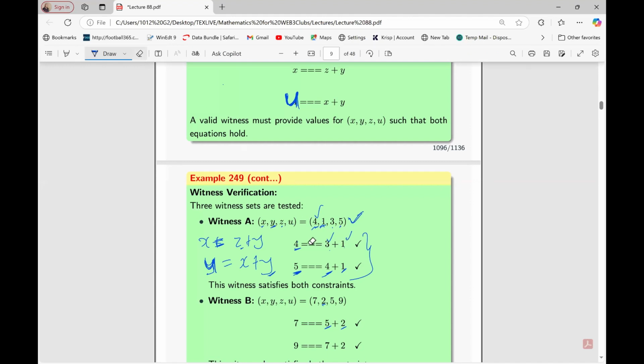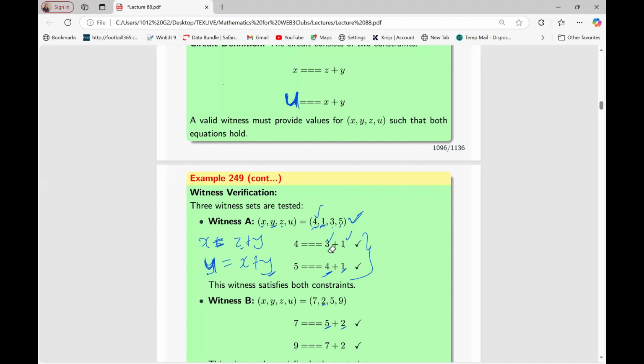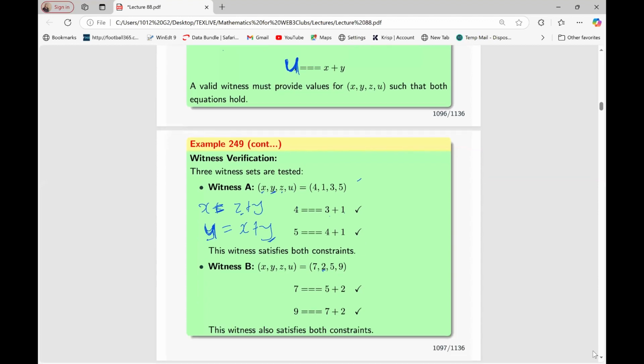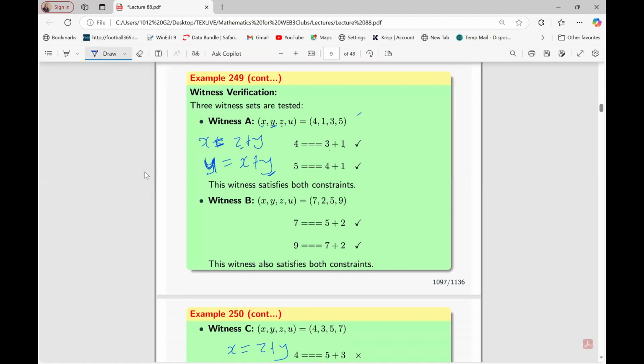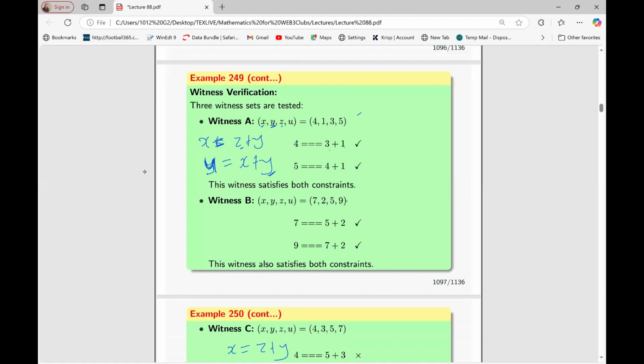Now let's check the second witness. That one is supposed to be u, not 4. Because of typing, I think I typed the wrong thing. Okay, so the same constraint, we use it on this second witness and see whether the second witness is correct. So this is the witness. x is 7.